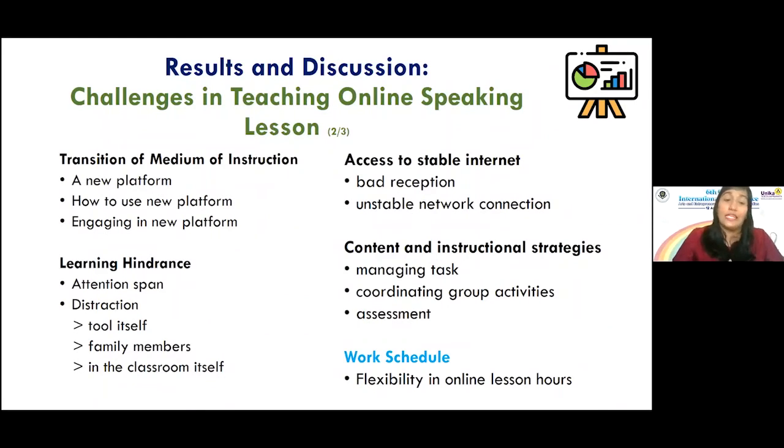Second is the learning hindrance, whereby students have short attention span and they are distracted. When it comes to distraction, there are 3 types of distraction mentioned by all these 4 teachers. First is the tool itself.